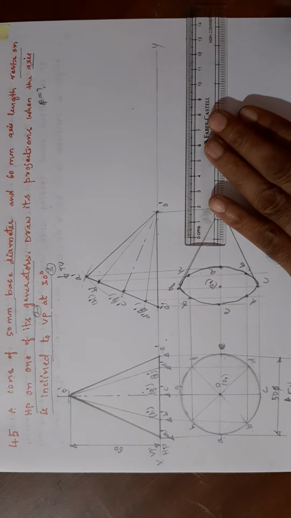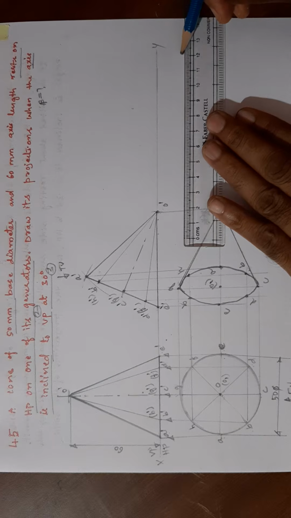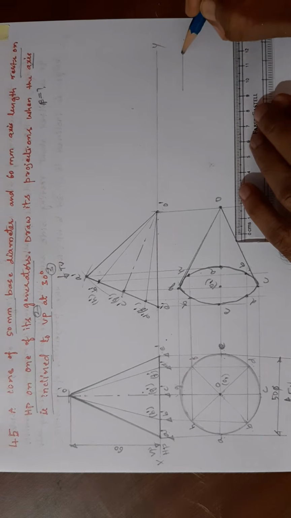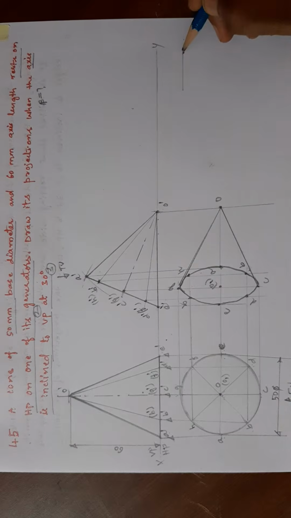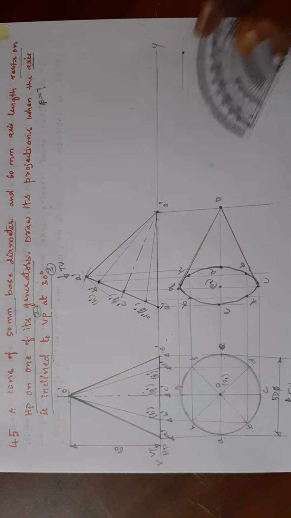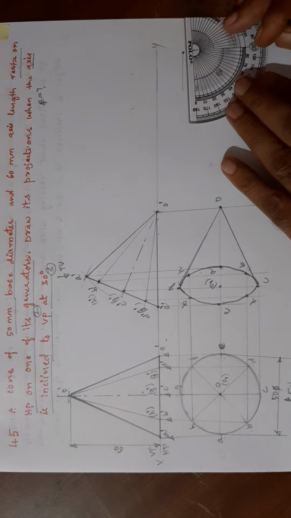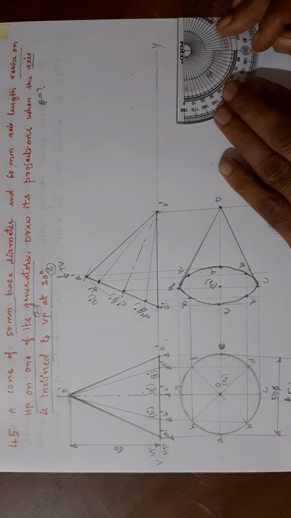Now see here, the horizontal line, and from this point we keep the protractor at that point. Measure 30 degrees in anti-clockwise direction.